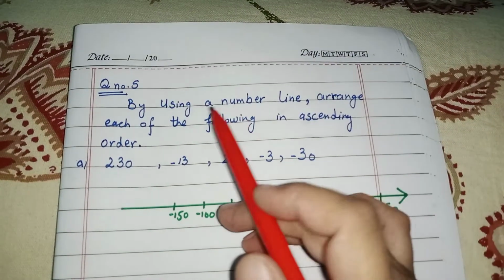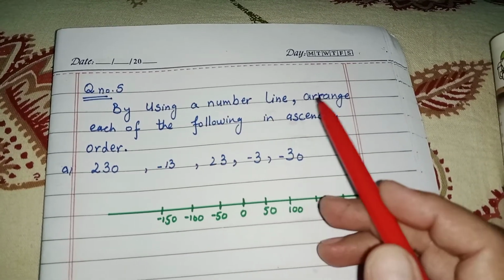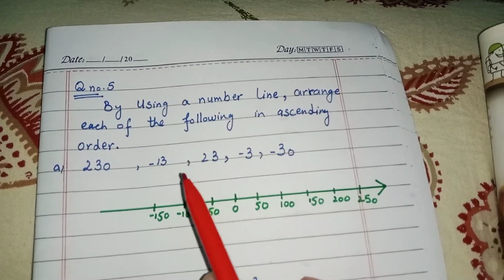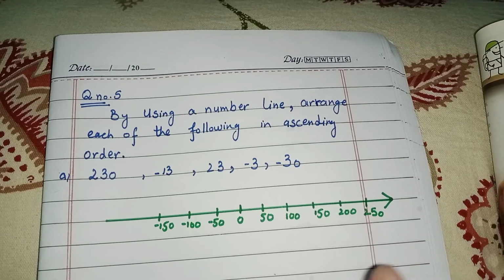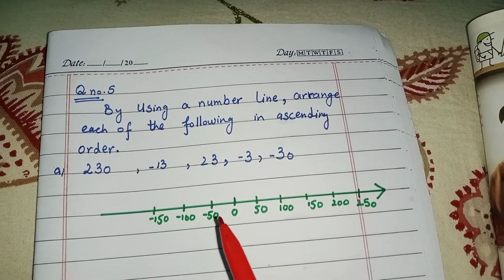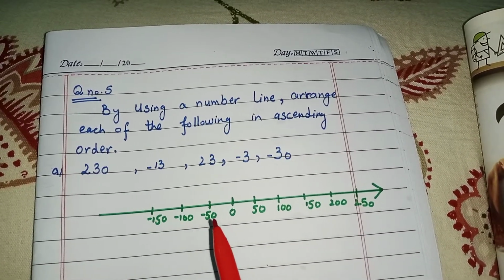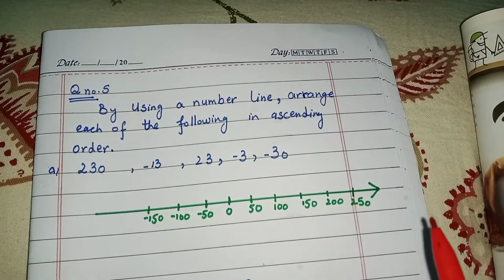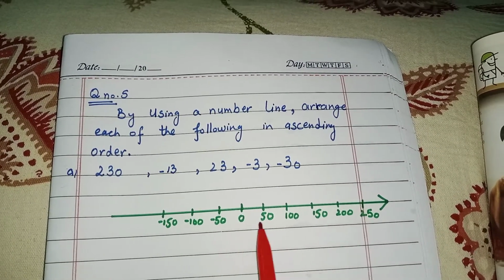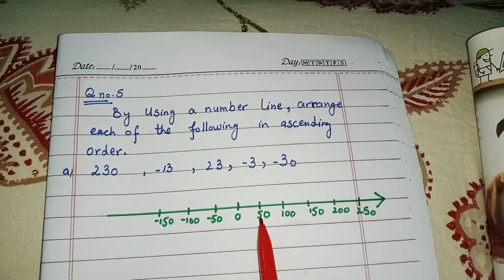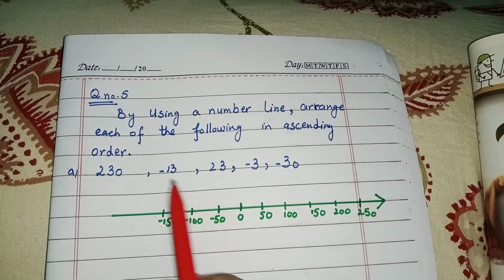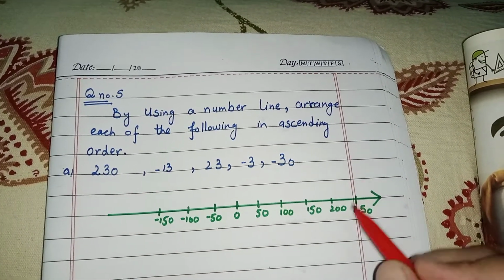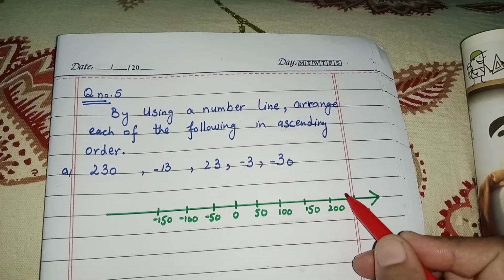Here I have question number 5. By using a number line, arrange each of the following in ascending order. Ascending order is from less value to greater value. So student, first I illustrate these numbers on a number line. I make a distribution and take a scale of 50 because I have 230 and 230 lies between 200 and 250.